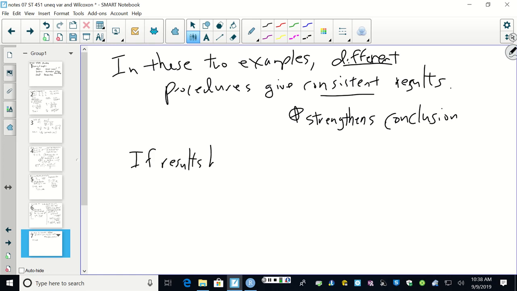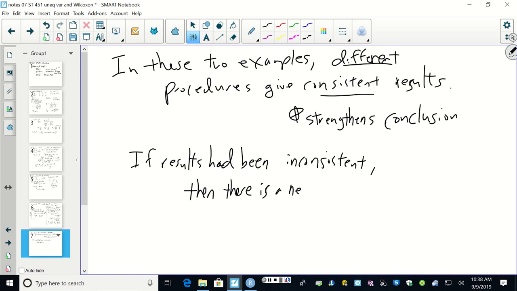If the results had been inconsistent, then there is a need to explain more.